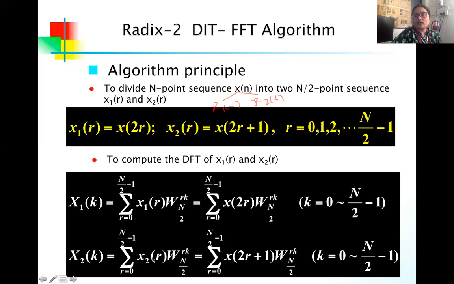We know that x2 of r is nothing but x of 2r plus 1. Substituting it, the equation becomes summation r varies from 0 to N by 2 minus 1, x of 2r plus 1, W raised to rk with suffix N by 2. From these two partitions, we can find the DFT values.